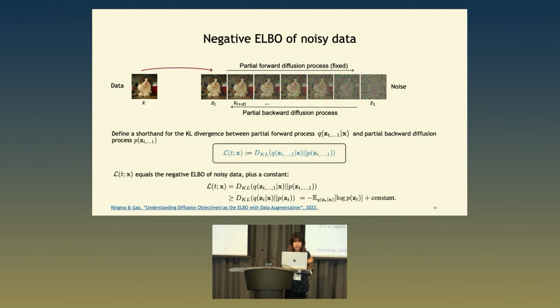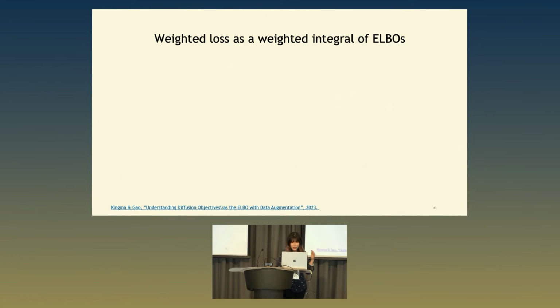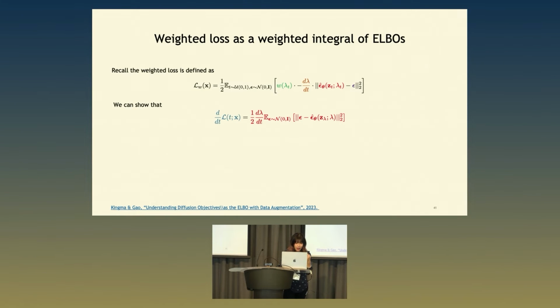Okay, so after we have this notation, we have our first statement: the weighted loss can be seen as a weighted integral of ELBOs. To be more specific, recall this is our weighted training objective. We can show that the time derivative of this L_t(x) we just defined equals 1/2 times d lambda over dt times the expected L2 distance between the ground truth noise and the predicted noise.